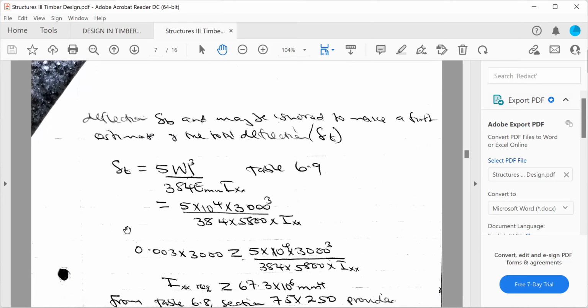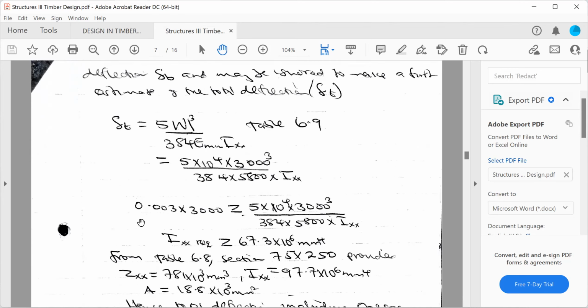So I'll substitute total deflection from the formula, 0.003 multiplied by 3000. This is 0.003 times span, which should be greater, because this one is permissible. At once it should be equivalent to total deflection, but it should be greater than that. That's why we are using equal or greater than.